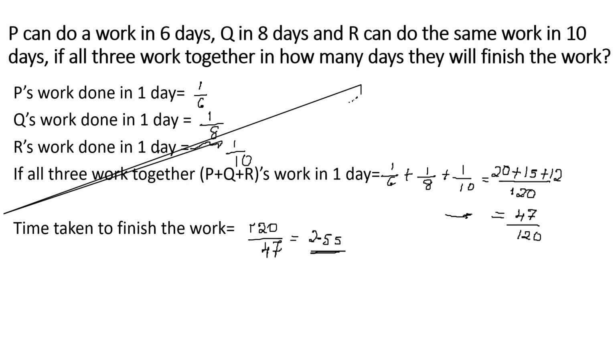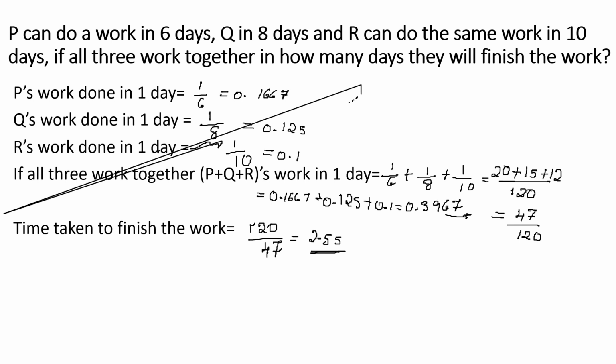Or if you want to simplify this in decimals, we'll try this. 1 by 6 will be 0.1666 or 0.1667. 1 by 8 will be 0.125. 1 by 10 will be 0.1. And the total work done will be 0.1667 plus 0.125 plus 0.1, which is 0.3917.